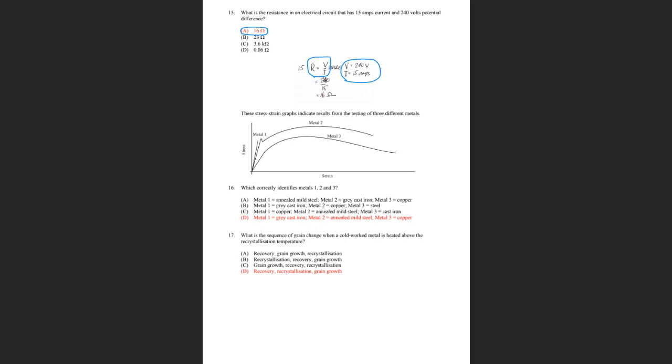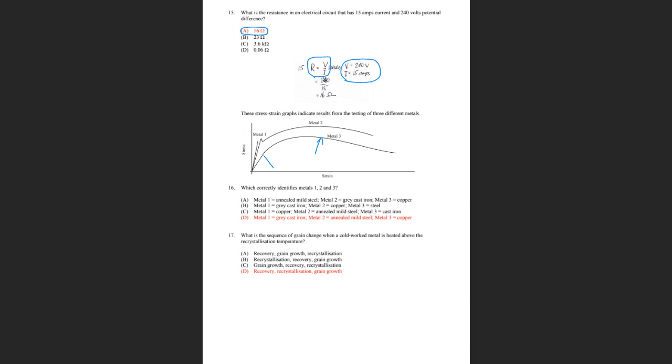Question 16, which correctly identifies metals 1, 2, and 3? Well, metal 3 here is progressive yield, and metals like aluminium, heat-treated steels, copper, brass, they have a progressive yield like this, but as you can see, they're not very stiff.